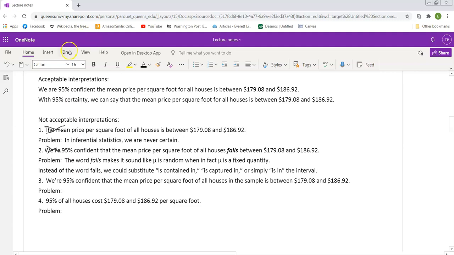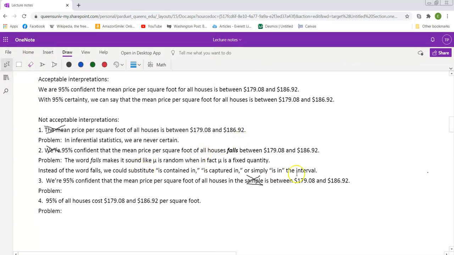Third problem. We are 95% confident that the mean price per square foot of all houses in the sample is between these two values. The problem there is the word sample. The reason the word sample is a problem is that we know the sample mean.